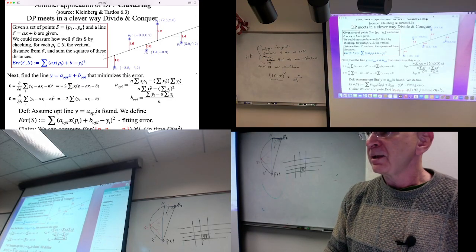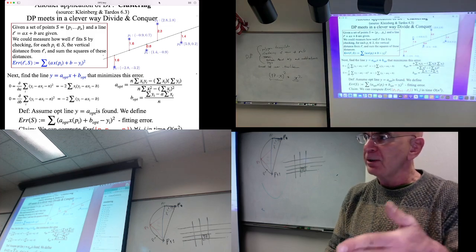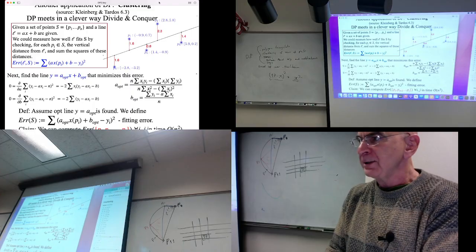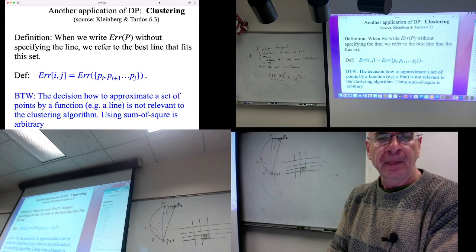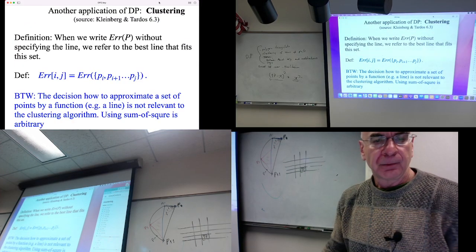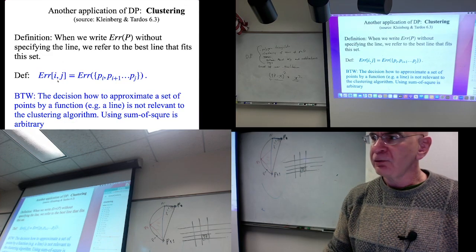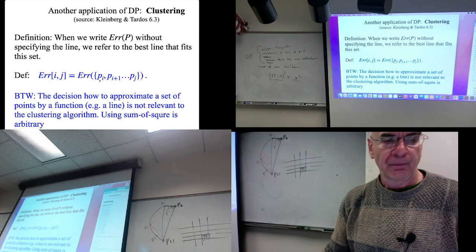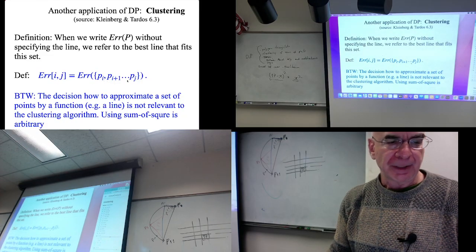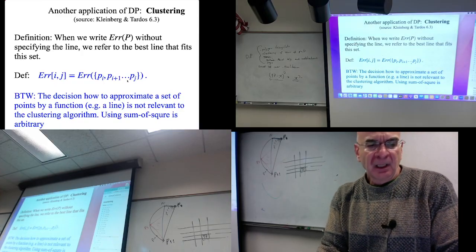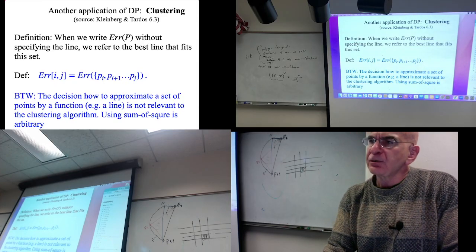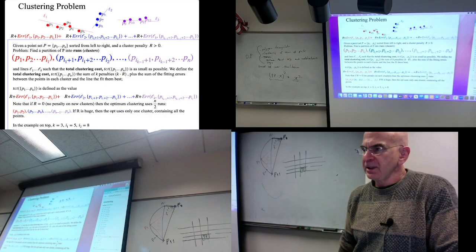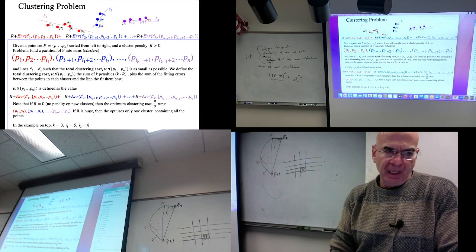Just fix i and then change j to be i+1, i+2, i+3, and as we said, adding one point takes constant time. Once again, error from i to j is just a shorthand for the error from pi to pj. And again, you could have used quadratic, you could have used other functions to fit, I don't care. It's still a framework that will work.